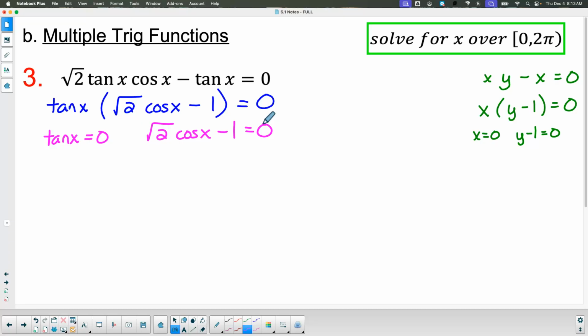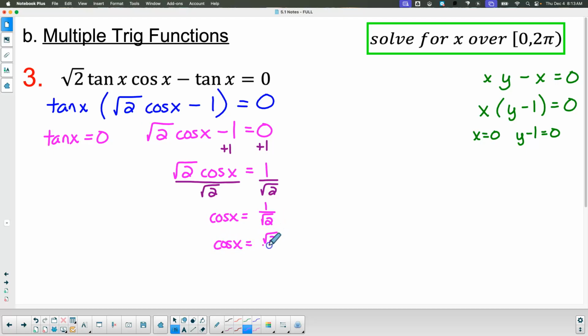Over here, I would add 1. That gets me the square root of 2 cosine of x equals 1. I would divide by the square root of 2. That would give me cosine of x equals 1 over the square root of 2, or by now you should know that 1 over the square root of 2 is square root of 2 over 2.